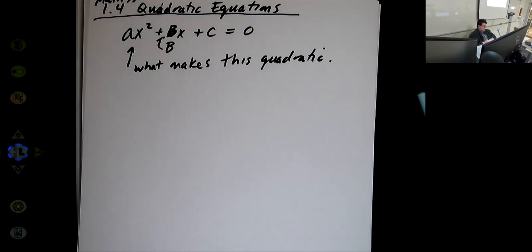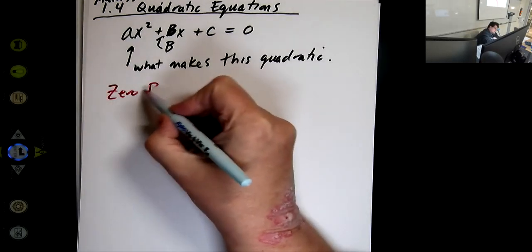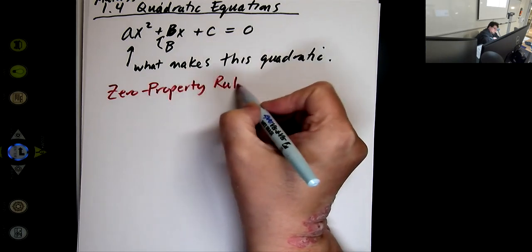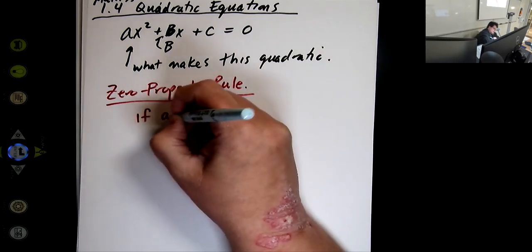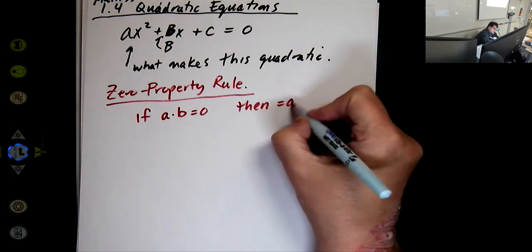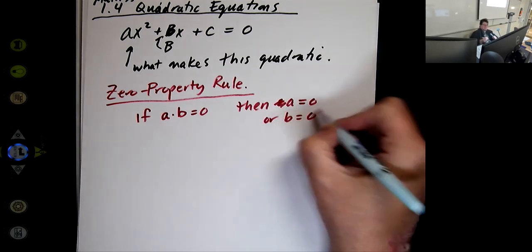The most basic way to solve this is, well, not most basic. Yeah, I think it's the most basic, is using the zero property rule. If A times B equals 0, then A equals 0 or B equals 0.